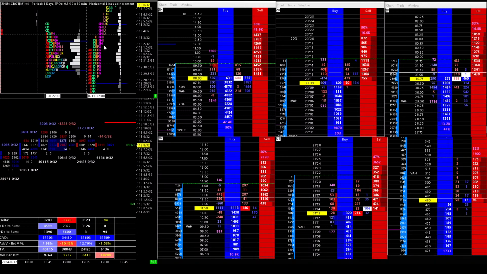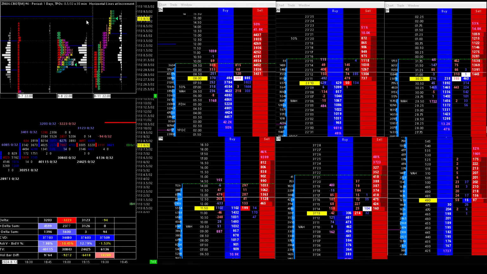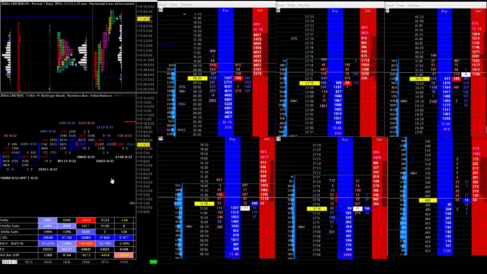We will zoom out a few ticks. So yeah, really straightforward day in treasuries, to be honest. I don't think we're going to do very much in terms of extensions.